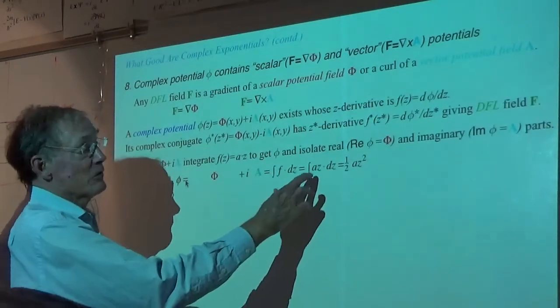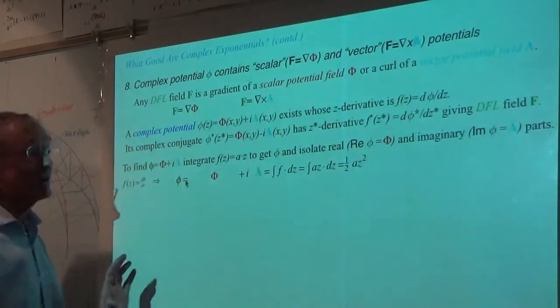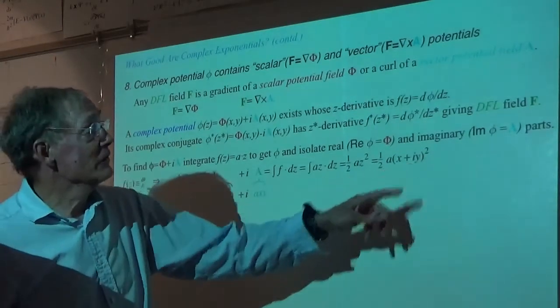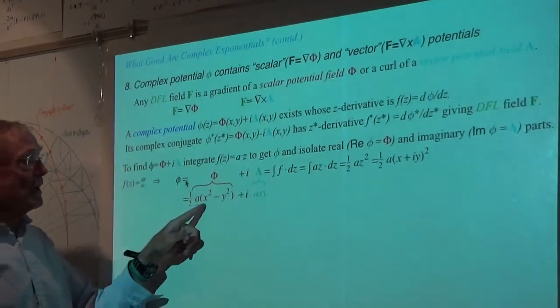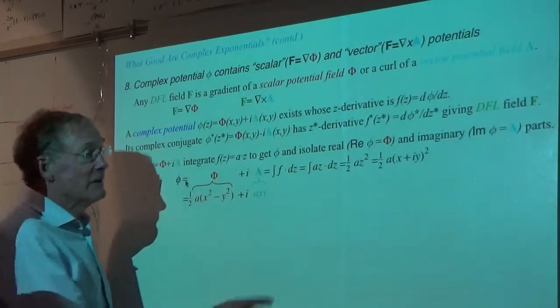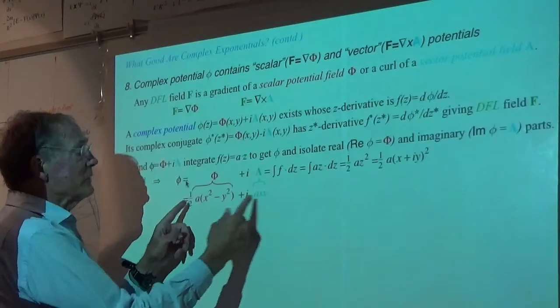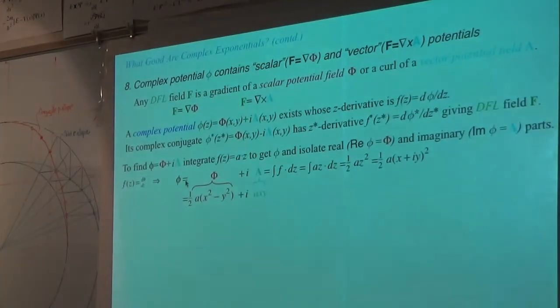Now the f that we took was a times z, so we're going to get 1/2 a z squared by doing that integral, pretending that z is a variable that we can integrate just like a real variable. That's a little bit dicey right there, but it works wonderfully. So here is the potential phi. It consists of a real part, okay? Take the real part of this thing here, there's the real part, and there's the imaginary part, which will be that guy right there.